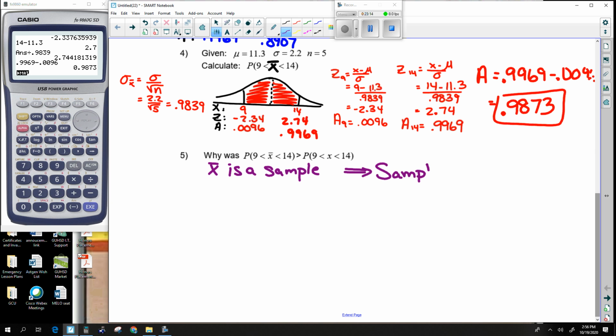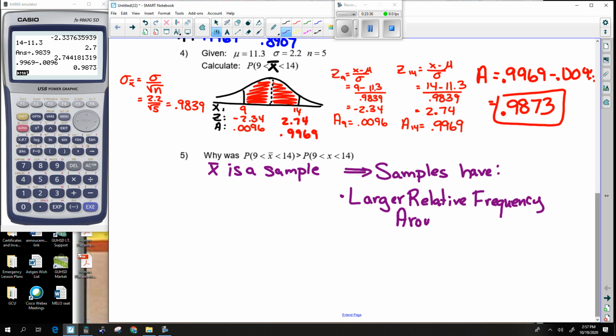Samples have a larger relative frequency around the mean. And a smaller standard deviation.